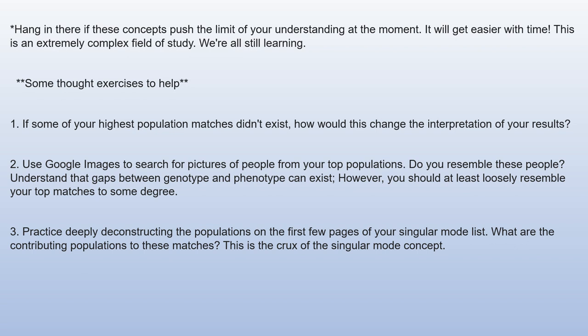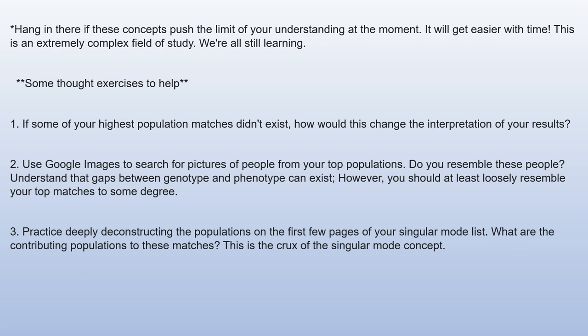We're all in it. Some thought exercises to help right up here at the top. Number 1: If some of your highest population matches didn't exist, how would this change the interpretation of your results? I know this seems counterintuitive. This seems a little odd of a question, but think about it for a minute.